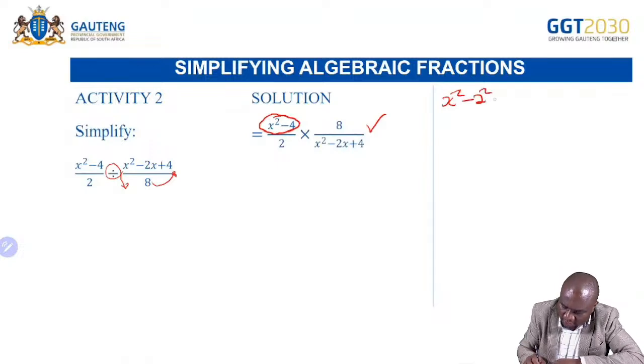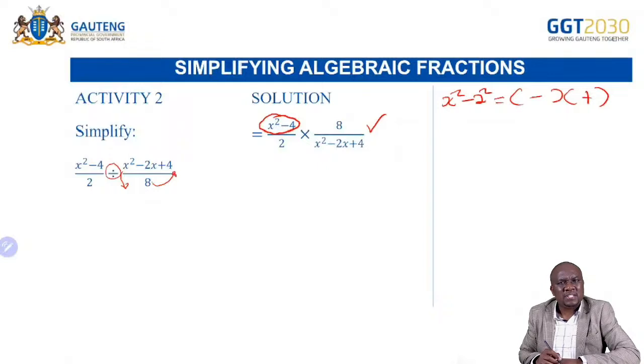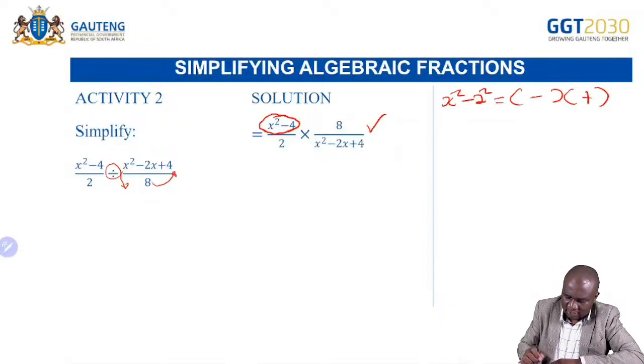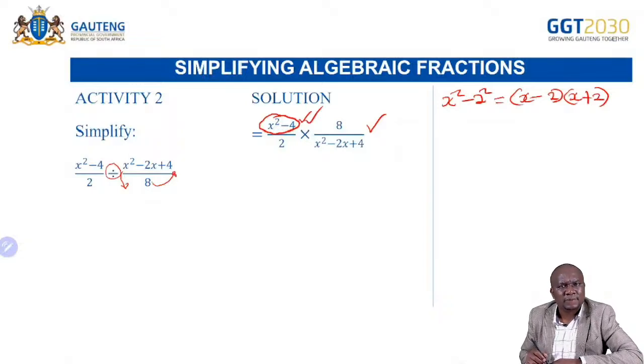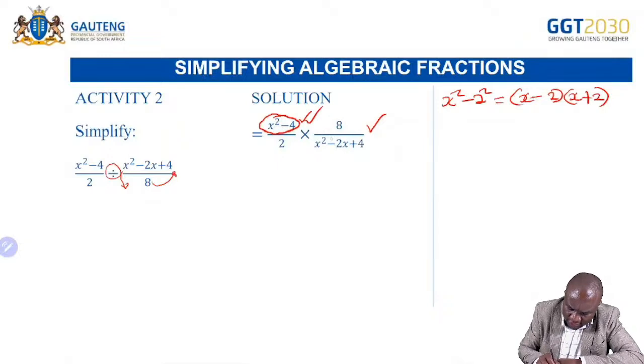We have our two brackets, minus, plus. The square root of x squared is x, and the square root of 2 squared, or the square root of 4, is 2. Then we put x, 2, x, 2. We have factorized this part. Did you get that correct? Perfect.